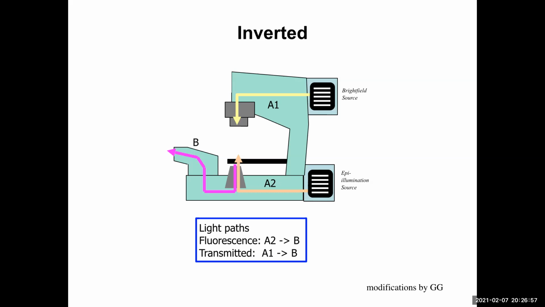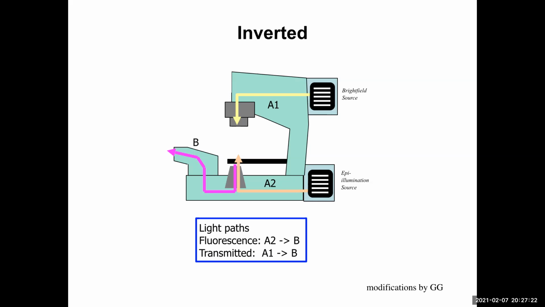So in the case of an inverted scope, the fluorescence illumination source is on the bottom, and we have the pathway of A2 to B. So the fluorescence light goes through the objective, hits your specimen, and we collect it again through the same objective, and then send it out.